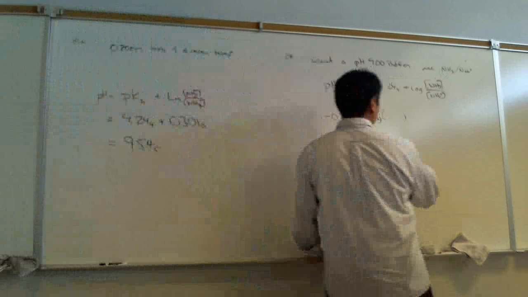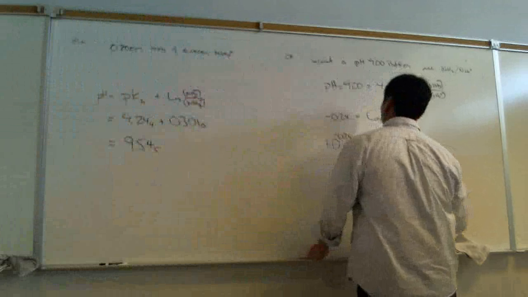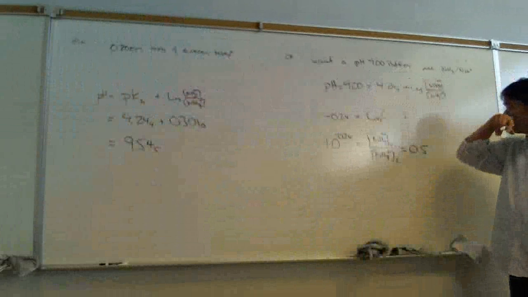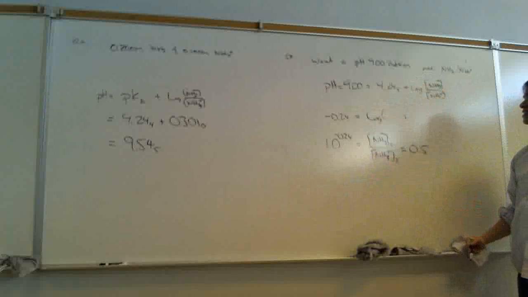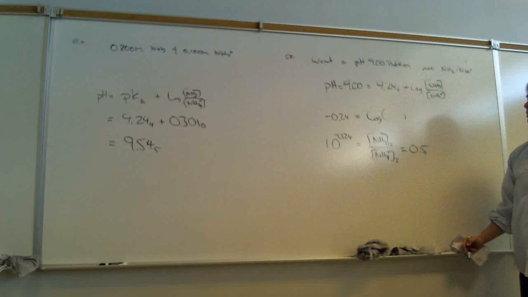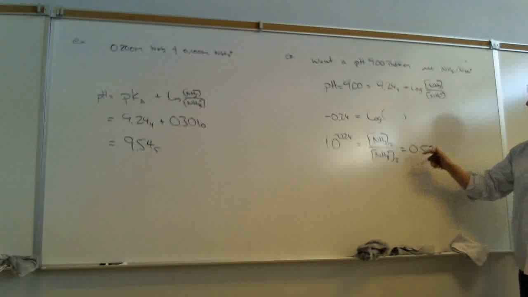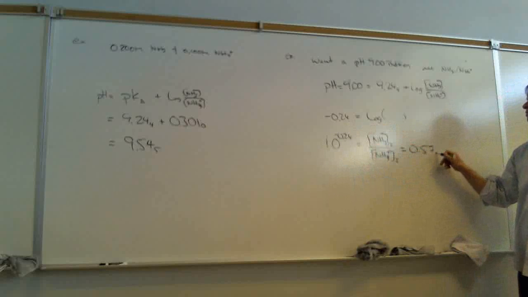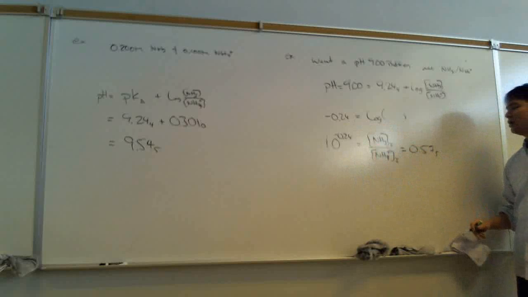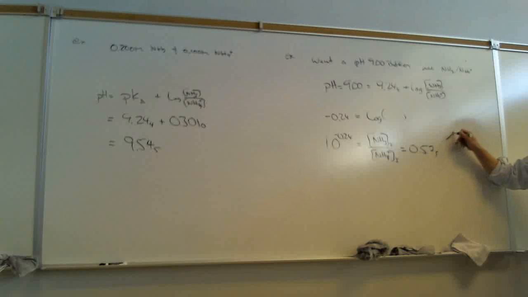How many sig figs are we at? 3. We should actually have 3 because the concentrations are at 3 sig figs. 0.575. That's the ratio.